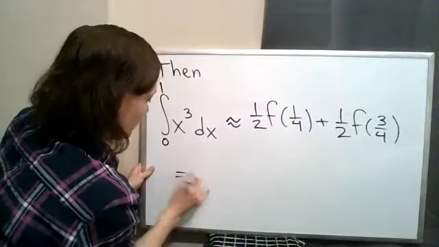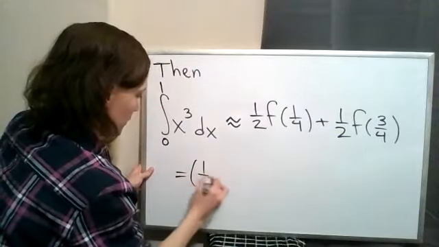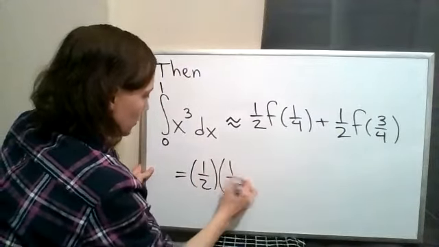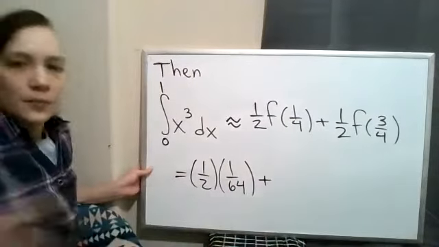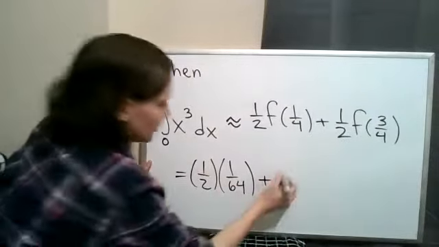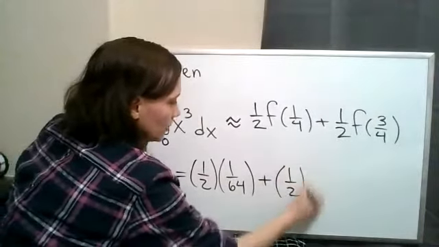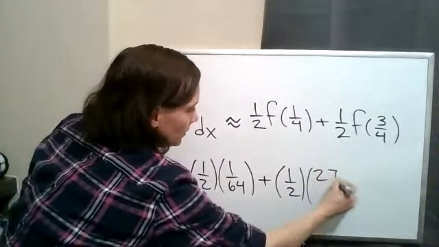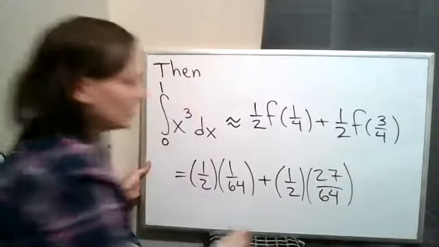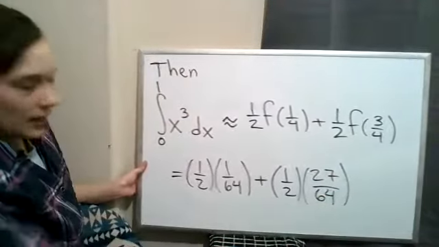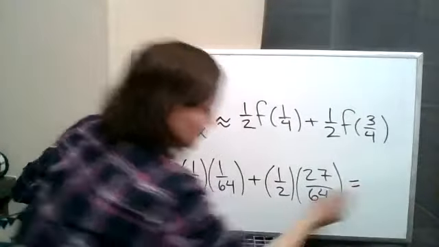We figured out those numbers. 1/64, add the other area of the rectangle, which was 1/2 times 27/64. And I'm going to jump to what I got.